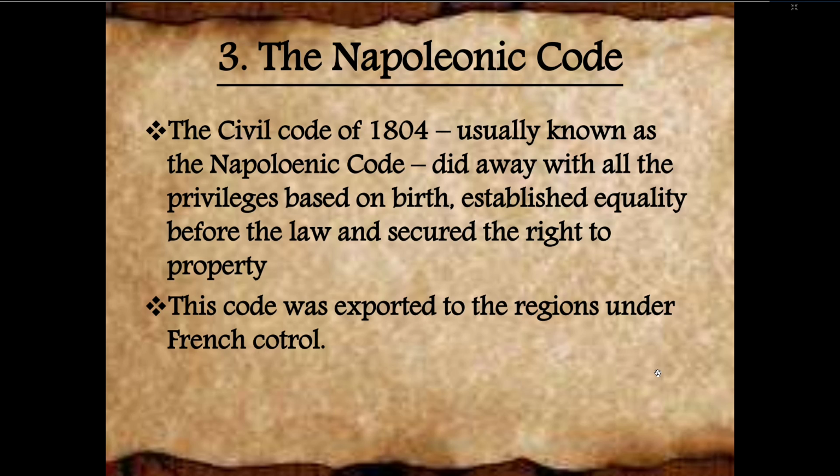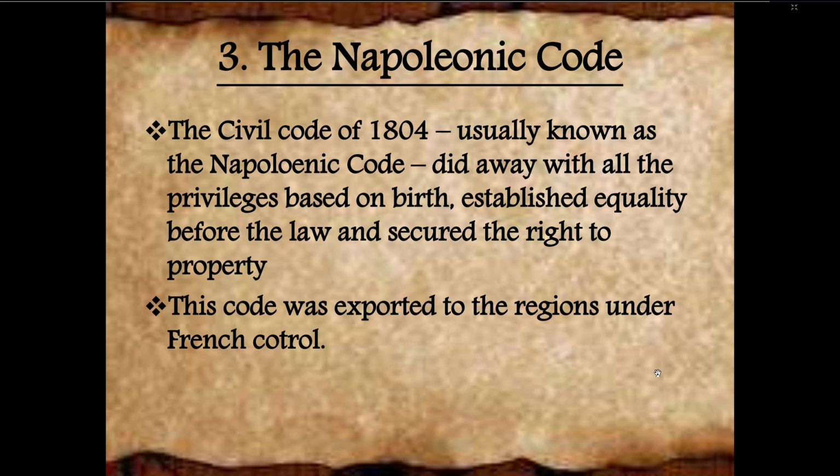Established equality before the law मीन्स अगर आप किसी उच्च घराने में पैदा हुए हैं तो आप इसके लिए प्रिविलेज्ड हैं. अगर आप ये पंडित हैं तो आपको ये प्रिविलेज मिलेगा. That all was abolished by Napoleon. Napoleon said that there will be equality before law. किसी को एक्स्ट्रा प्रिविलेज देने की जरूरत नहीं है. एंड सिक्योर द राइट टू प्रॉपर्टी, और उसने राइट टू प्रॉपर्टी को भी सिक्योर किया.